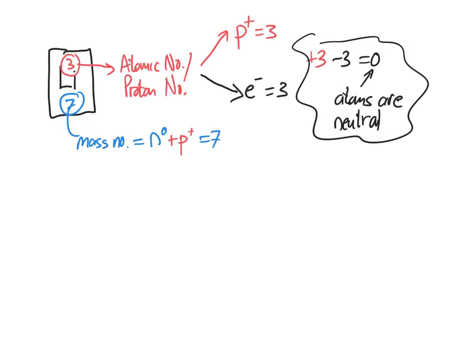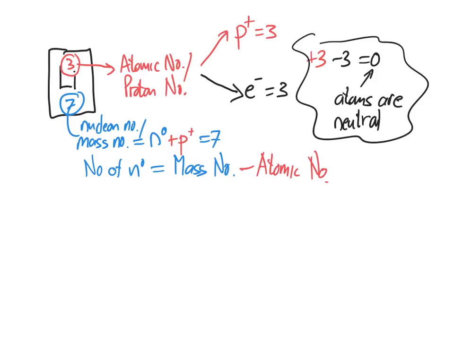So using the formula, number of neutrons equals the mass number, or also as we have referred to, the nucleon number, minus atomic number.